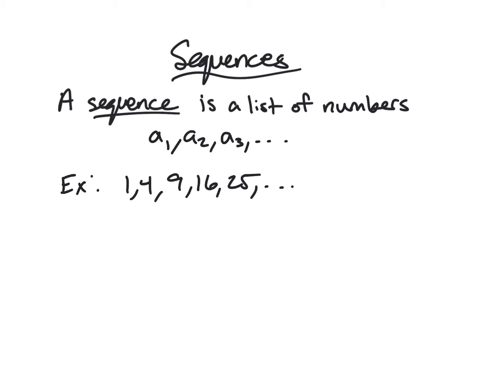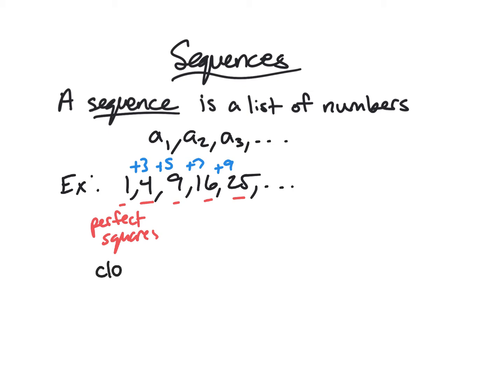What do we notice? These are all perfect squares, right? So that seems to be important. But if you're also looking at how to get from term to term, we're adding 3, then we're adding 5, then we're adding 7, then we're adding 9, and if you keep going, you imagine that pattern is probably going to continue.